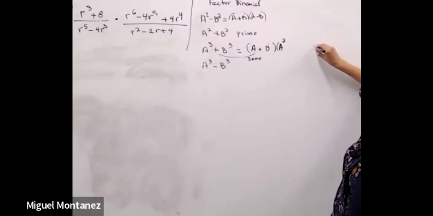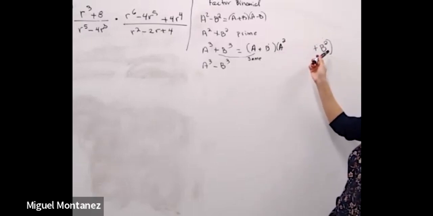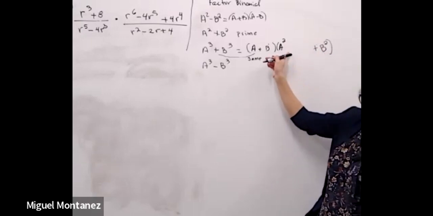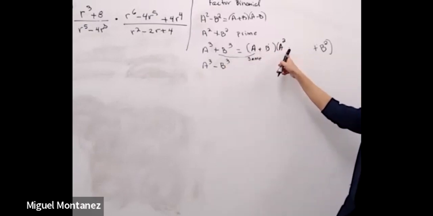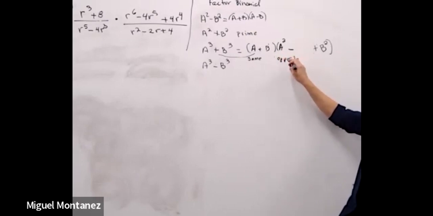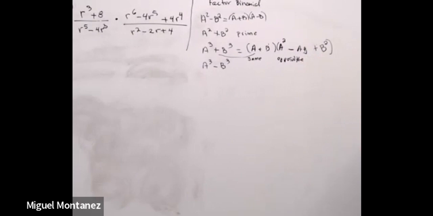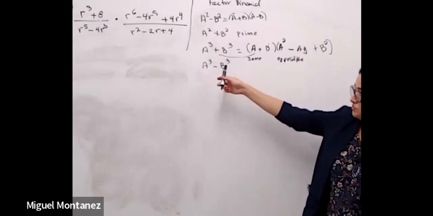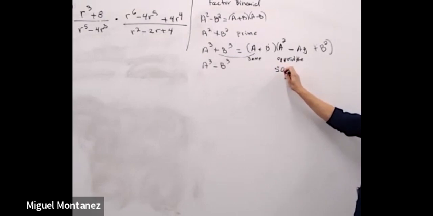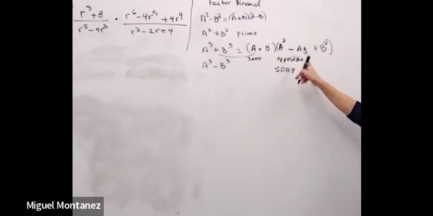For the second term, we have the squares: the a squared, the b squared, and the middle sign is the opposite. So the first is the same as the original question, and the middle sign is the opposite. And we multiply a b, and always plus. So same, opposite, always plus.